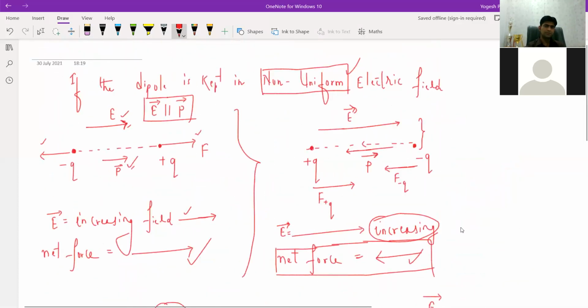Again, you can take a minute and note it down, and then we'll proceed to Gauss law.